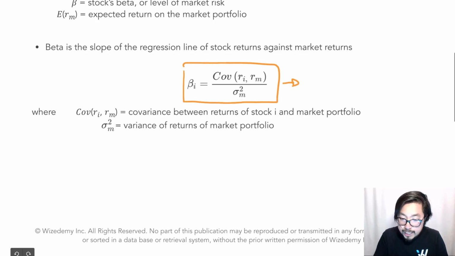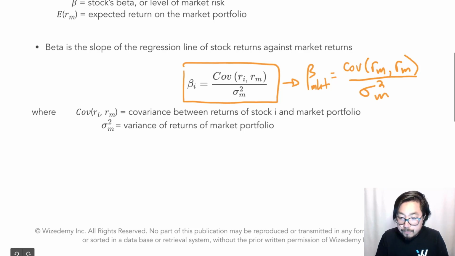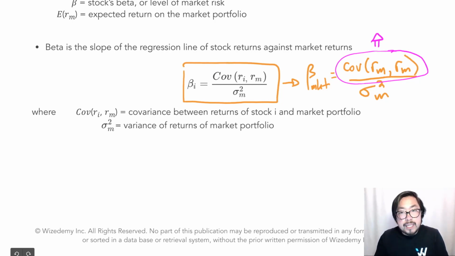And here, a cool thing is if we calculate the beta of the market portfolio, then that becomes the covariance of the market portfolio returns with the market returns itself, all divided by the variance of the market portfolio. And for those of you who are good at statistics, the covariance between something and itself is just the variance. So that becomes the variance of the market portfolio over itself, and that just becomes 1.